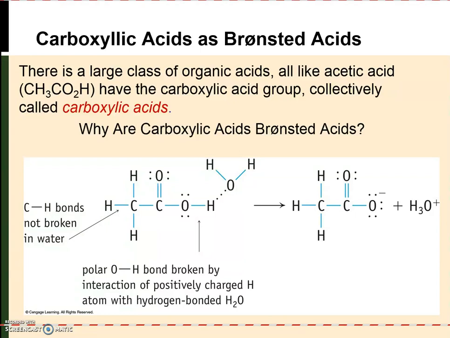But we have a polar oxygen-hydrogen bond, and this can be broken when one of the hydrogens interacts with a nearby water molecule. So essentially in this reaction, water is reacting as a Bronsted base, and the carboxylic acid is reacting as a Bronsted acid, donating a proton to water to form hydronium and this carboxylate anion.